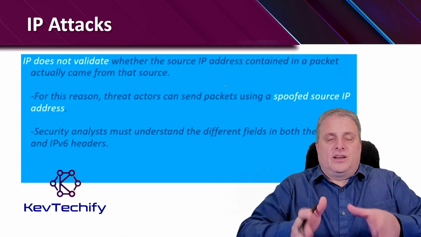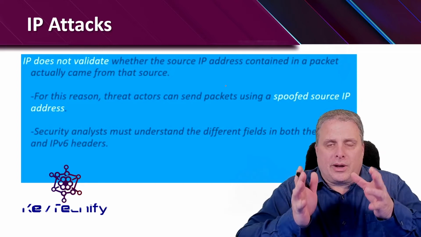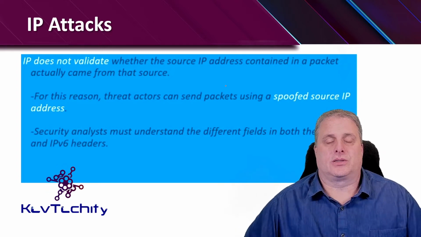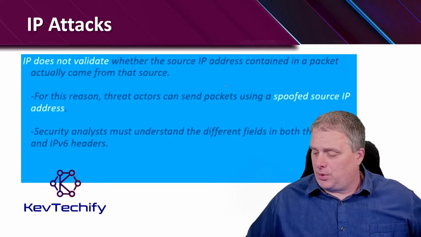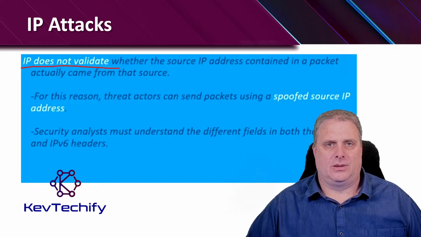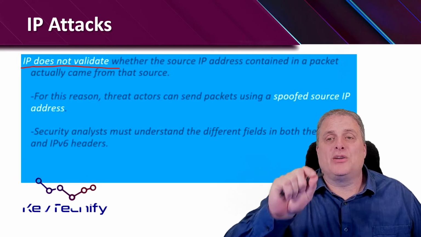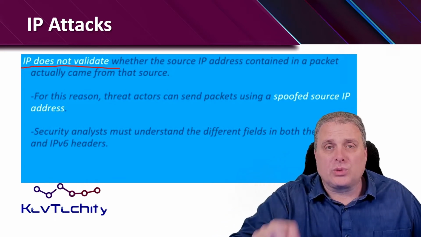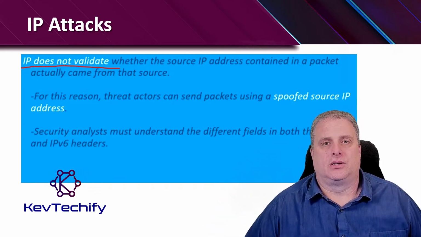Let's get in the mindset of the threat actor. And when we talk about IP, we're going to talk about IPv4 and IPv6. IP, Internet Protocol, does not validate whether the source IP address that is seen in a packet is the actual source or a spoofed IP address.